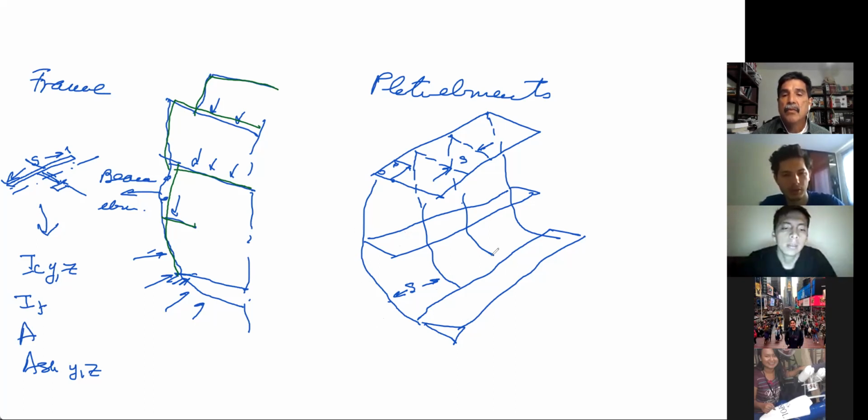In one of the projects, for example, you have to analyze this, right? What are the boundary conditions here? We can say that this is clamped, but is it really clamped? I don't know. What do we have to do?